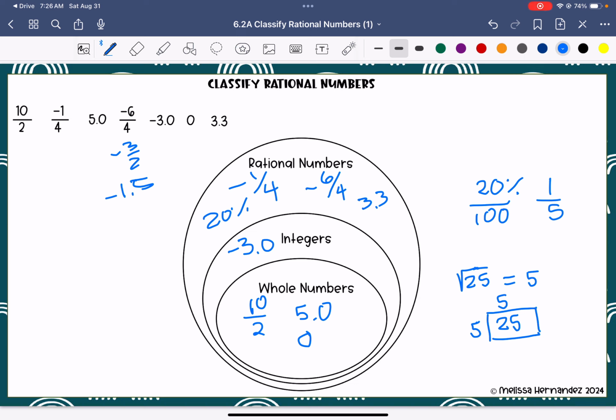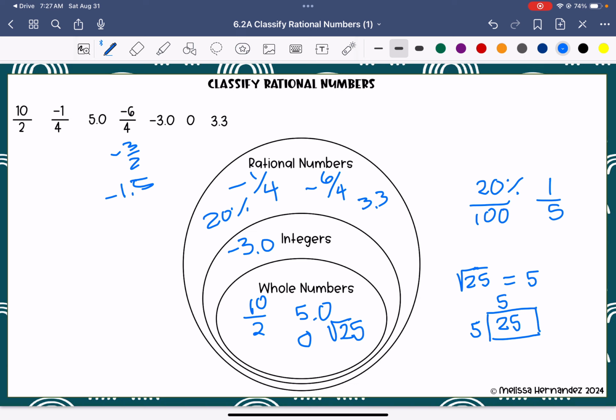But I need you to know that the square root of 25, maybe it's a bonus question on one of my quizzes, is 5. So you have to ask yourself, where would you put 5? You would put it in whole numbers for 6th grade. If you were in 7th grade, it would not go into whole numbers. So any perfect square would go into whole numbers for 6th grade.